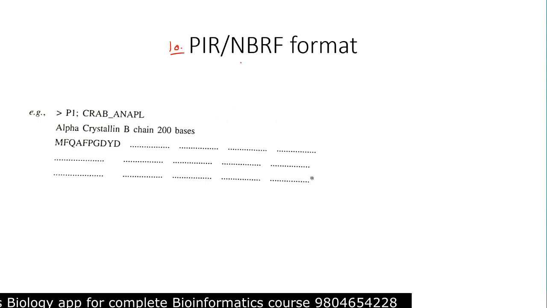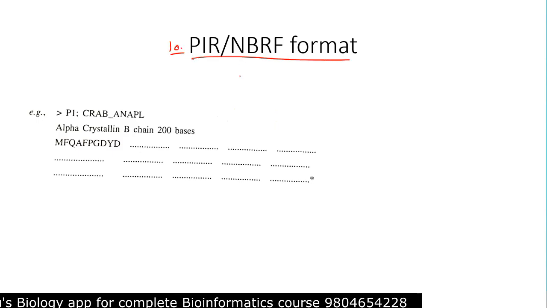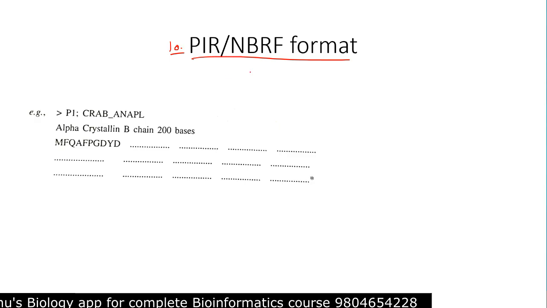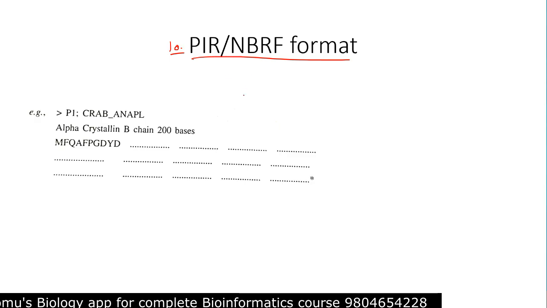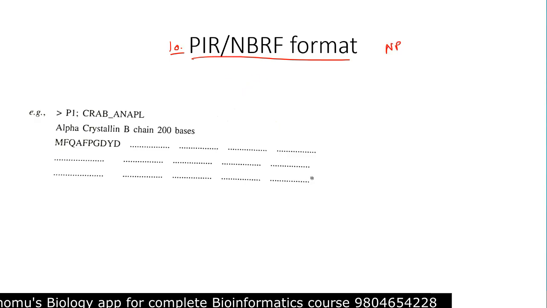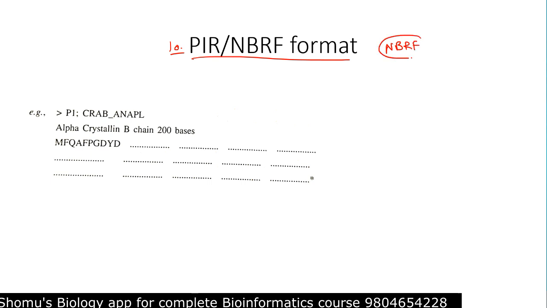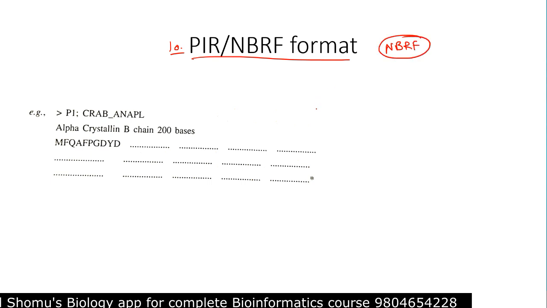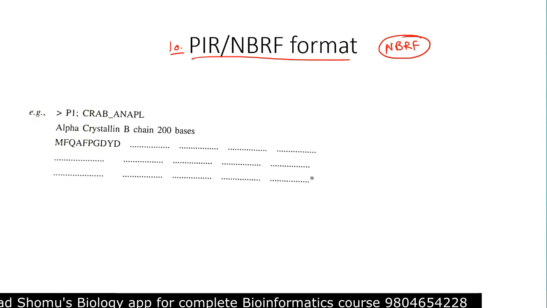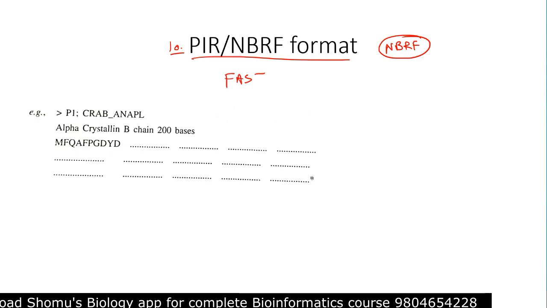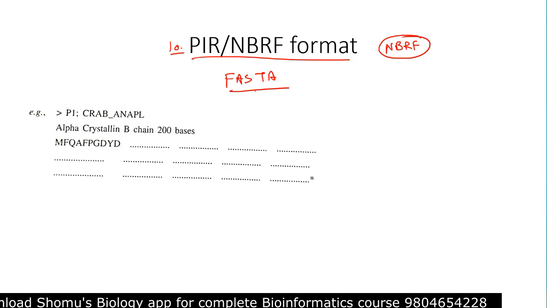Then what we have? PIR NBRF format. That is again from National Biomedical Research Foundation. National Biomedical Research Foundation NBRF format, PIR format, which is very similar to that of the Fasta format, although Fasta is widely used.